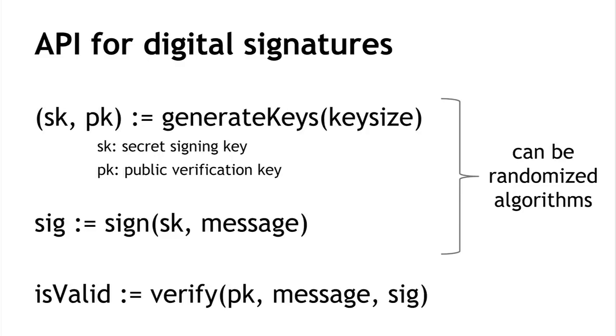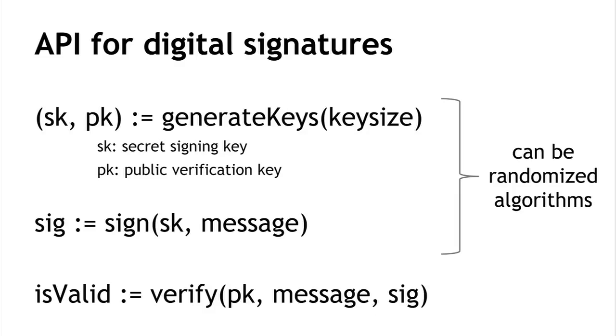The second operation is the sign operation. You take your secret signing key and some message that you want to put your signature on, and it returns SIG, a signature. It's just some string of bits that represents your signature. The third operation is verify, which takes something that claims to be a valid signature and verifies that it's correct.